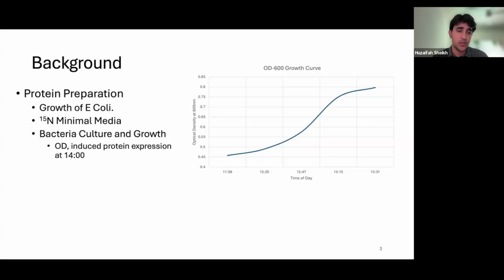And we worked on protein preparation in N15 minimal media, and we used E. coli, and we did bacterial culture and growth. And this is our optical density curve to show that we reached saturation and induced protein expression to create our focal adhesion kinase.